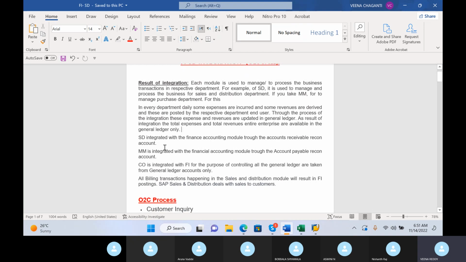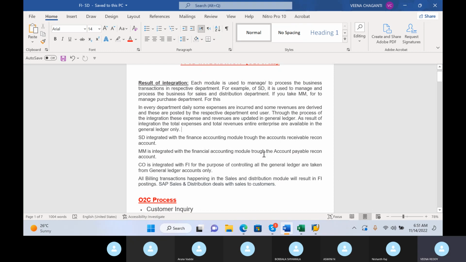SD is integrated with the financial accounting module through the accounts receivable reconciliation account. We know the balance sheet has liabilities and assets, right? So the GLs are integrated with SD through this accounts receivable. Same like that, MM is also integrated with the accounts payable reconciliation account.